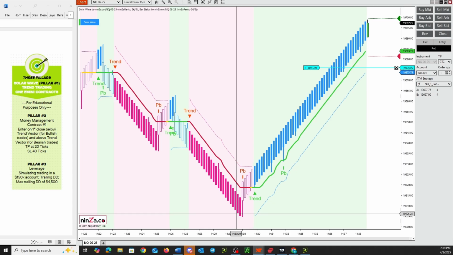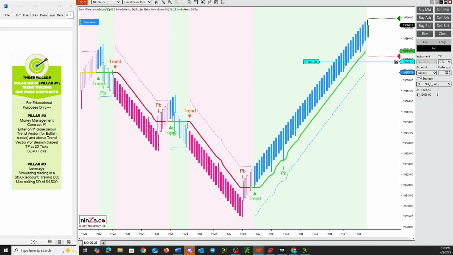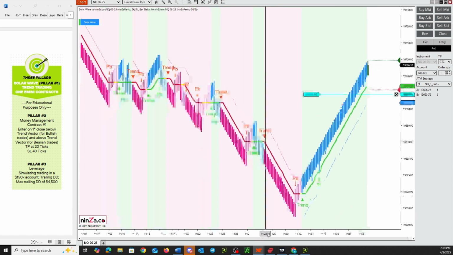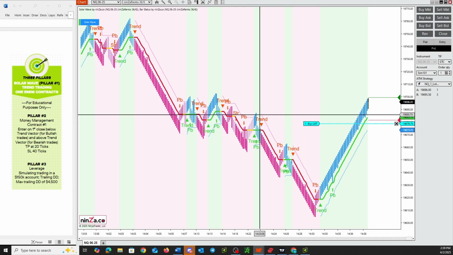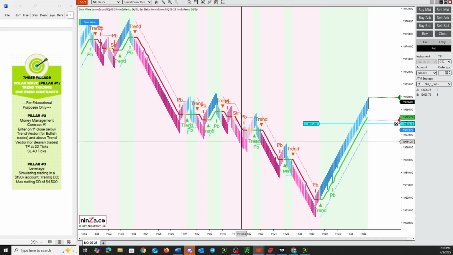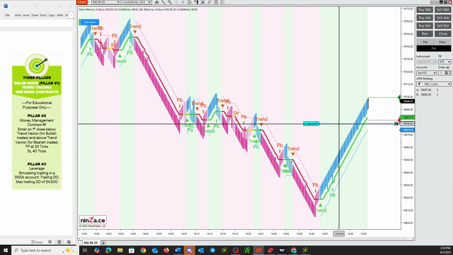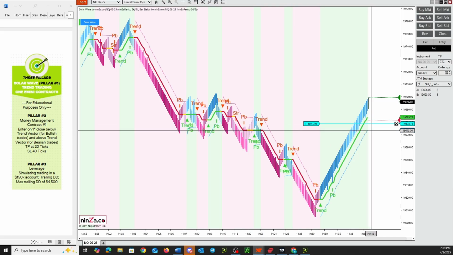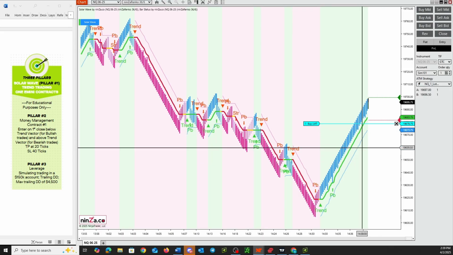And bounce it did. It's kind of cut through this stuff without any issue. That kind of leads me to believe we're probably going to get smoked on this first pullback, because it's going to probably be a TP trade.